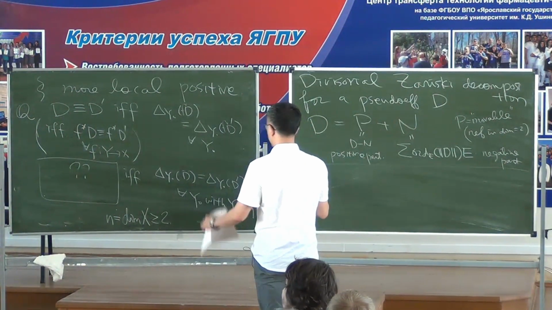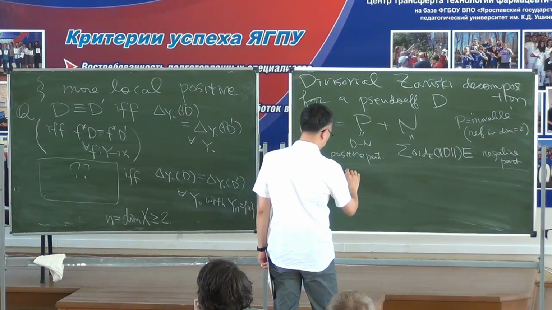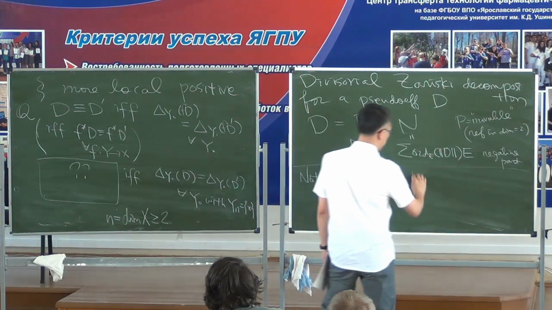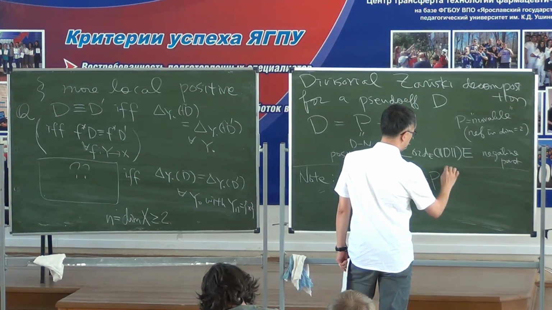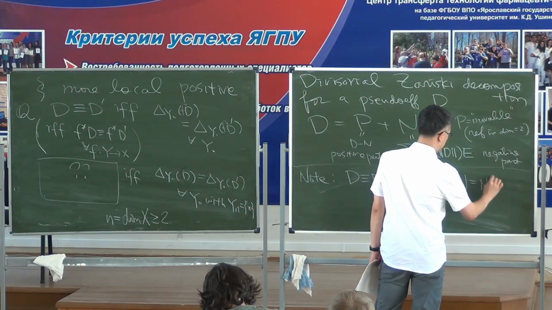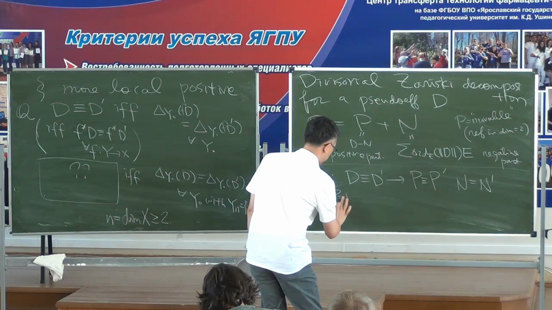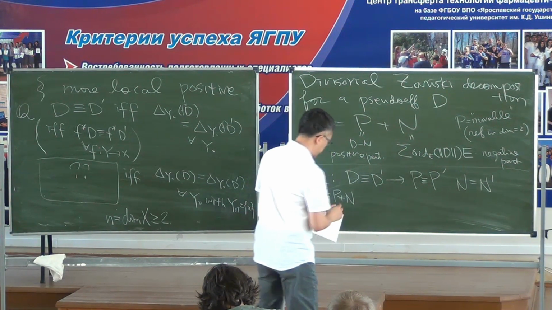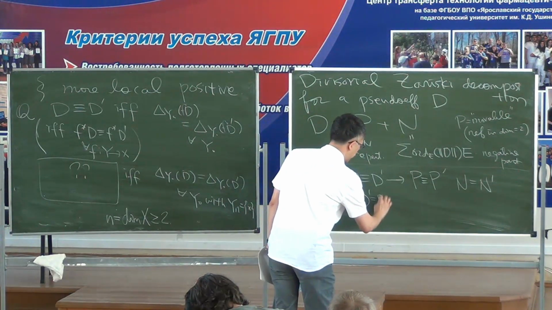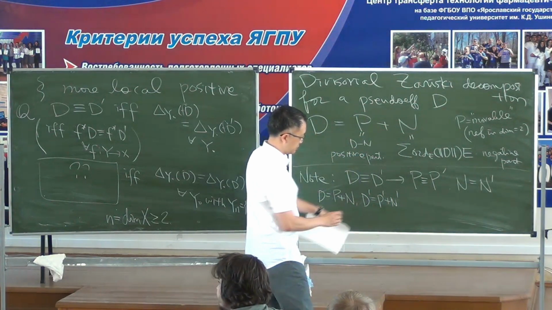Okay, so we note this. When D and D prime are numerically equivalent, then we know that P is numerically equivalent to P prime, and N is just the same. So P plus N is the divisorial Zariski decomposition for D, and P prime plus N prime is the divisorial Zariski decomposition for D prime.